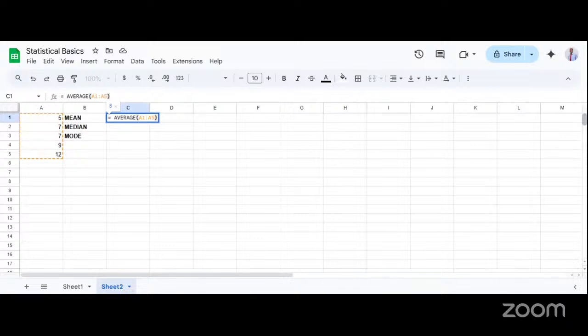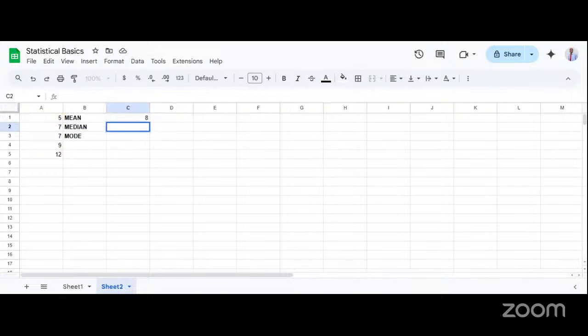So you use average: equal to average, open brackets, A1, which is your range, right? The cell addresses of these data points you have here. A1, then a colon, which is representing to, A5, then you close your brackets. So it will now give you the average.